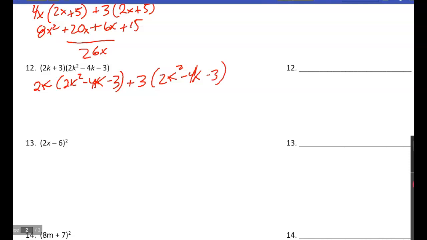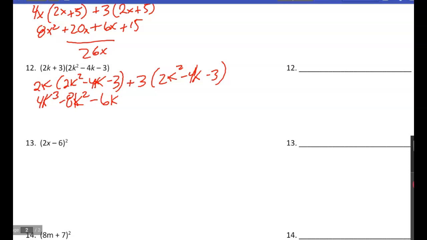So we have a couple more things to combine on this one. So 2k times 2k squared is 4k cubed. 2k times negative 4k is negative 8k squared. And 2k times negative 3, negative 6k.